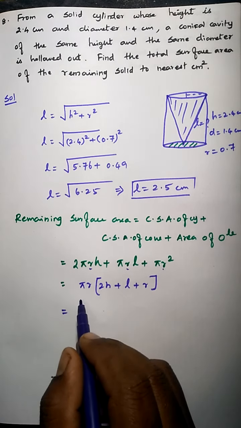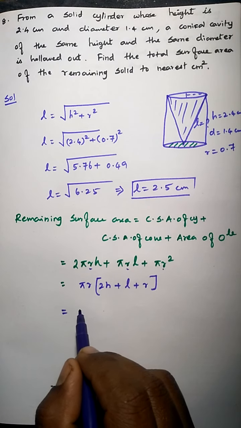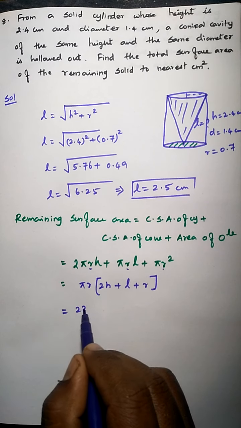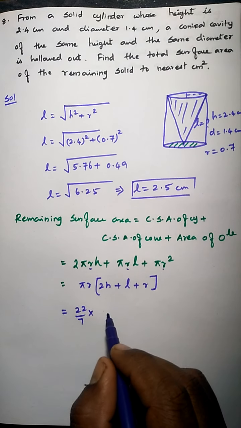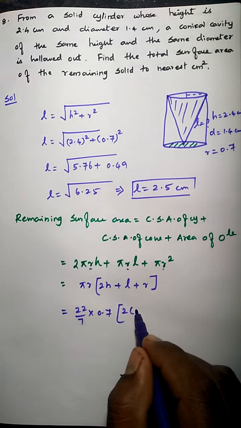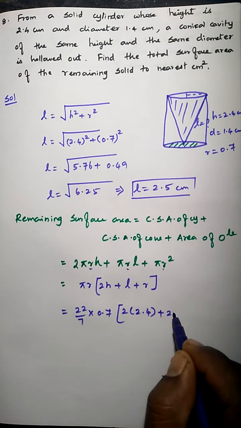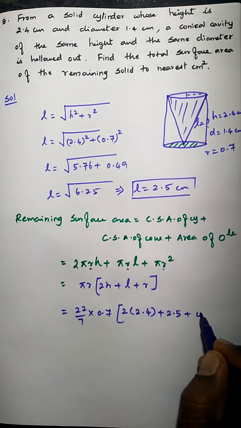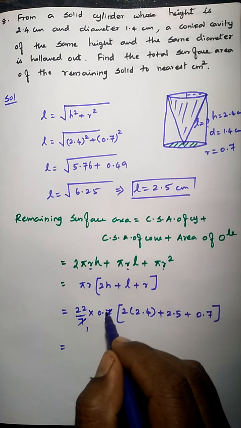Now apply pi value 22/7 into r radius 0.7 into 2 into h value 2.4 plus l slant height 2.5 plus again r radius 0.7. Just cancel the 7.